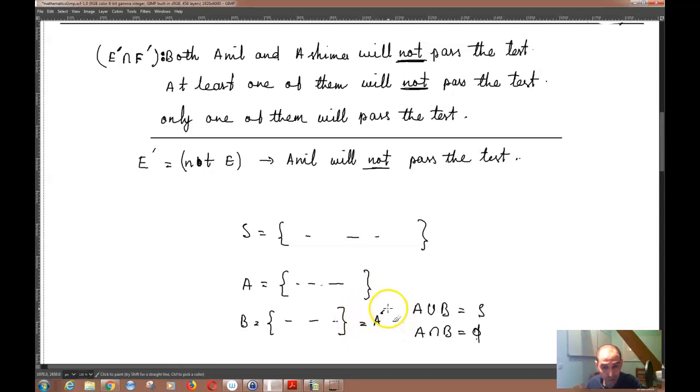That means that A prime simply means that Anil will not pass the test, because these outcomes do not favor A, and A is the event that Anil will pass the test. So if that doesn't happen, Anil will not pass the test. That's why we are writing Anil will not pass the test here.